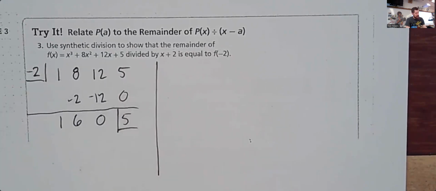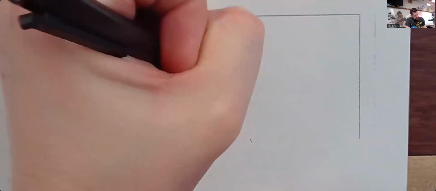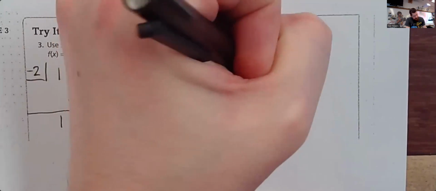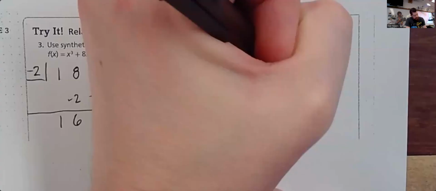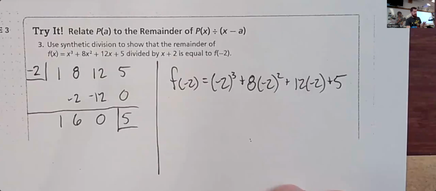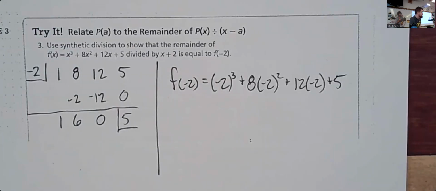That's what we're doing. If we go with f of -2, that's going to be -2 cubed plus 8 times -2 squared plus 12 times -2 plus 5. I think it's going to take longer to do this than it did using synthetic division.